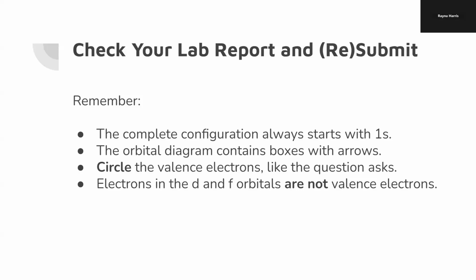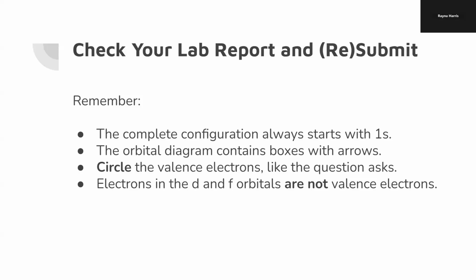Valence means outer shell. Which one is the valence shell is different as you go down the rows, but valence means outer shell. That's just part of the question, to make sure that you know what a valence electron is. It's for educational purposes.